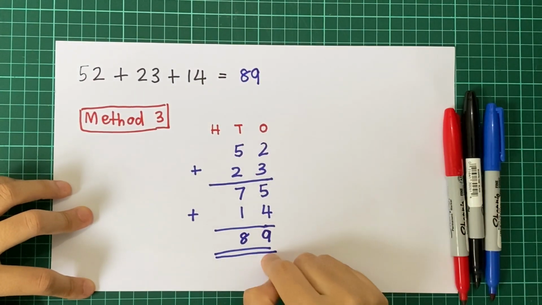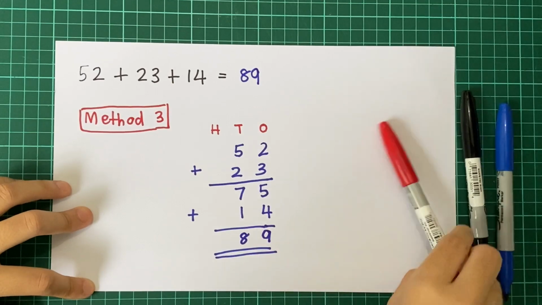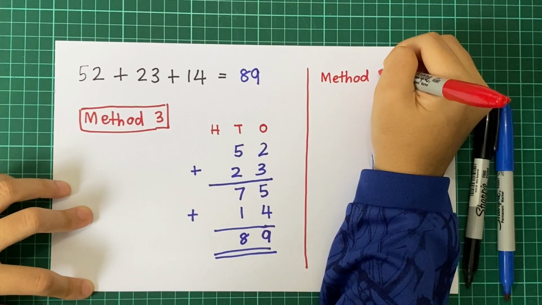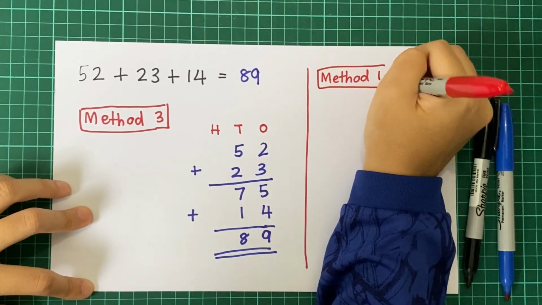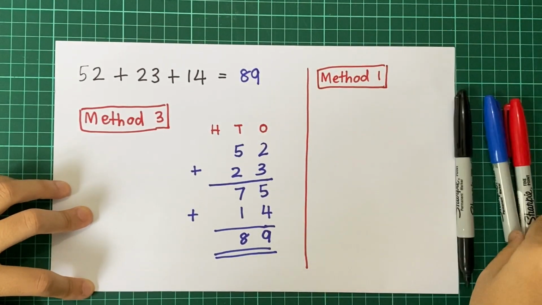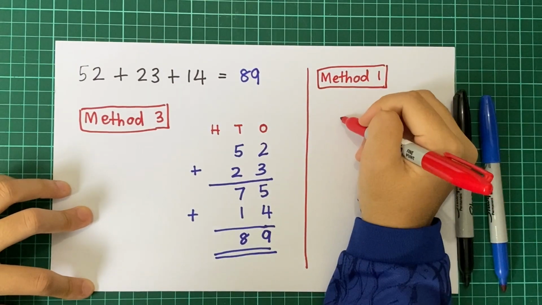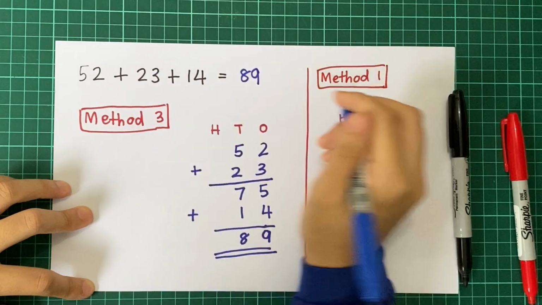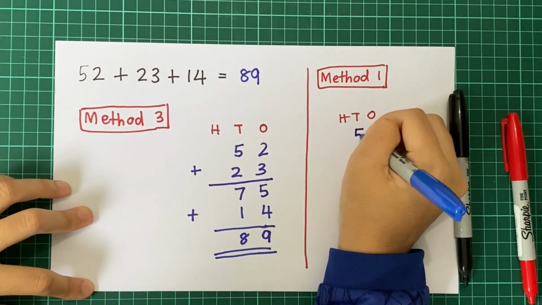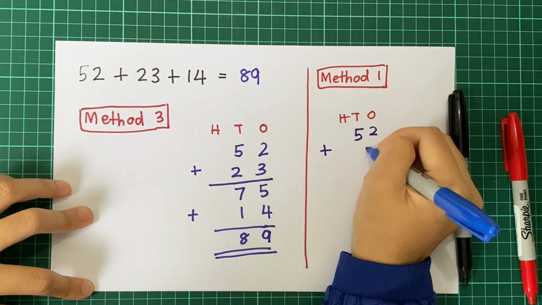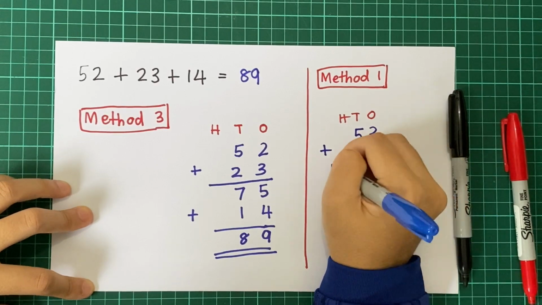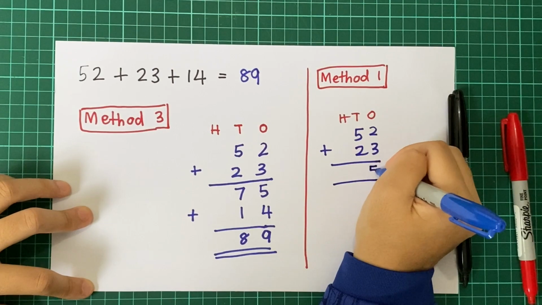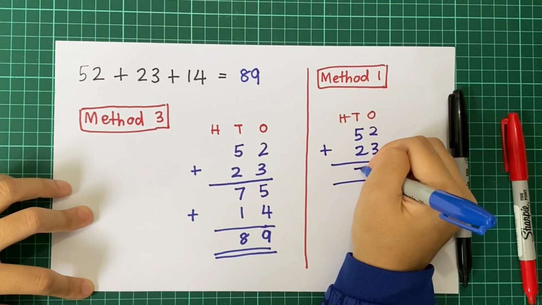Now, if you don't trust this method, why not we check again with method 1. So, we do one by one. What we have is 52 plus with the second number 23 and then get the answer. 2 plus 3 equals to 5. 5 plus 2 equals to 7.